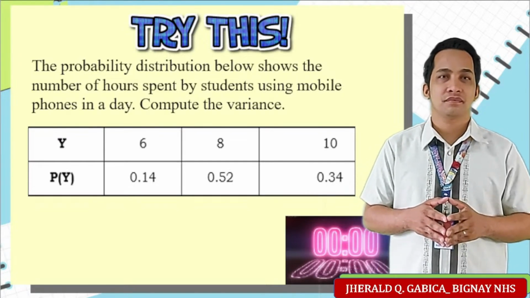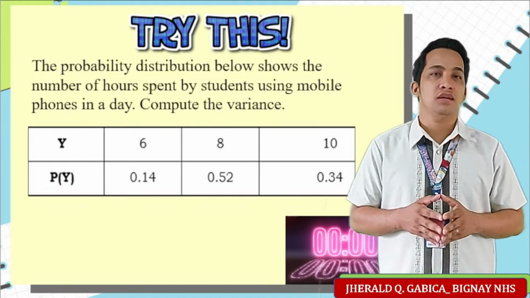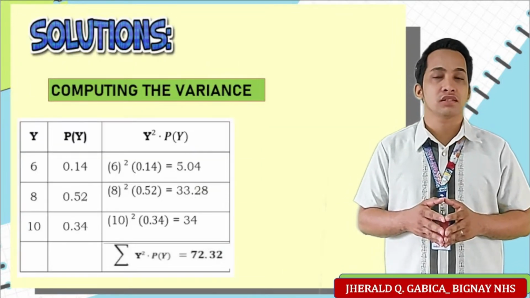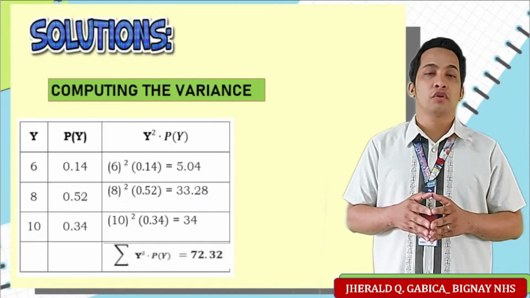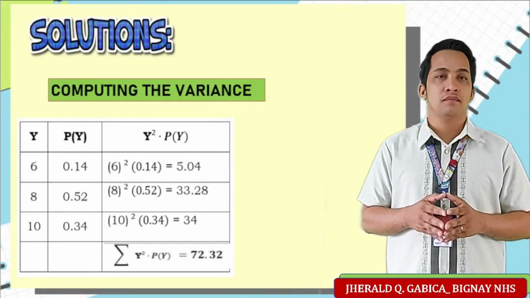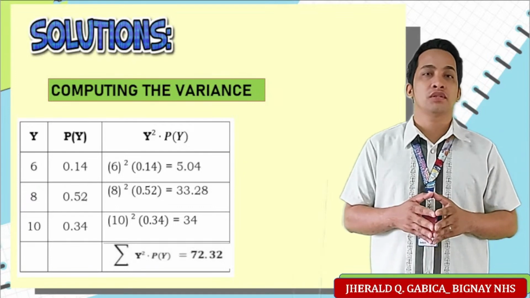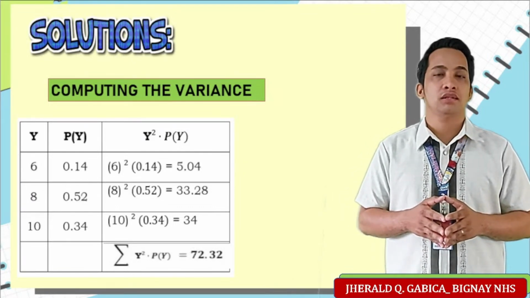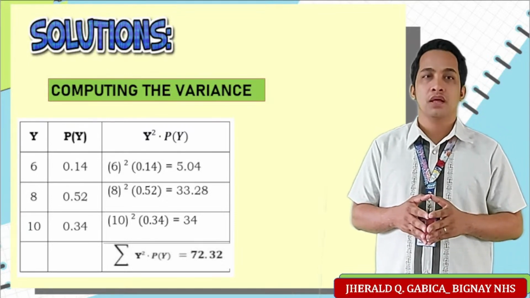Time's up. The solution would be, by using alternative solution to solve for the variance, we will add another column for y squared times p of y. So our solution will be for 6, we have 6 squared times 0.14, that is equal to 5.04.